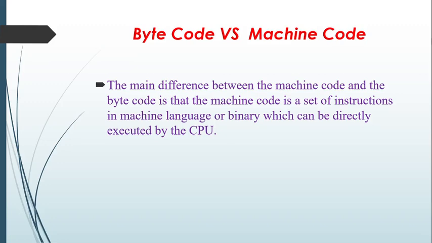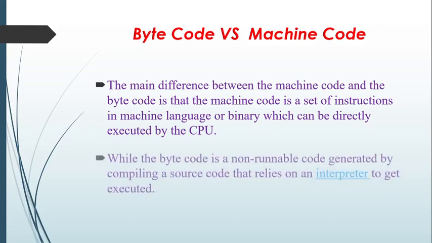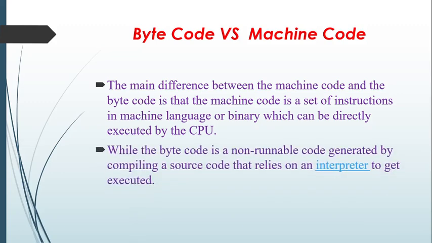Machine code is in the form of binary, that is, 0s and 1s. While bytecode is a non-runnable code, generated by compiling a source code, that relies on an interpreter to get executed. Yes, after compilation, we have to wait for the interpreter to execute our Java program. Without execution, we can't get our result.